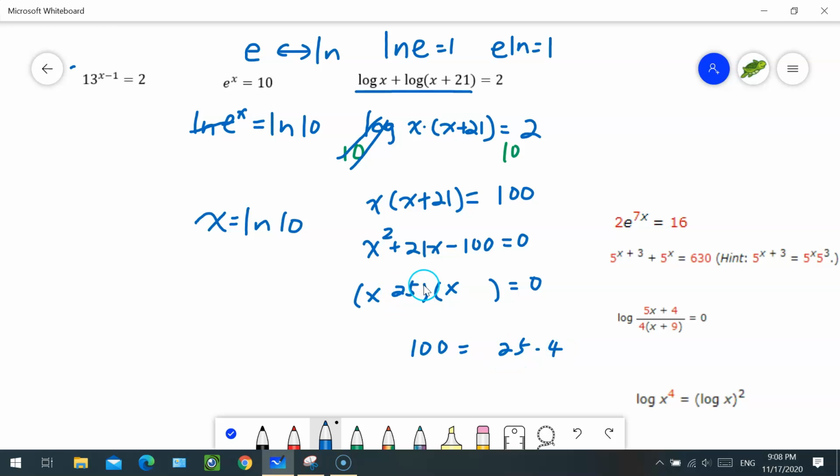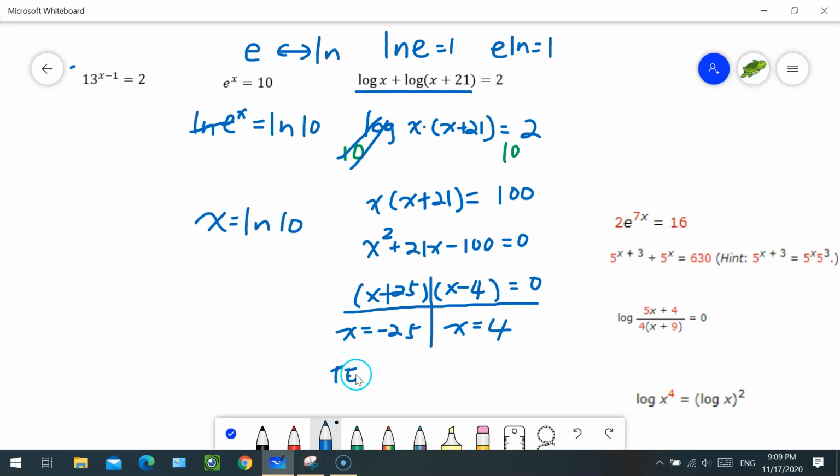So we put a 25 and 4. Now since the middle term is a positive 21, that means the bigger number is a plus, the smaller number is a minus. Okay. So from here, we can use the zero factor rule to solve for x. That tells me x equals negative 25 or x equals 4.